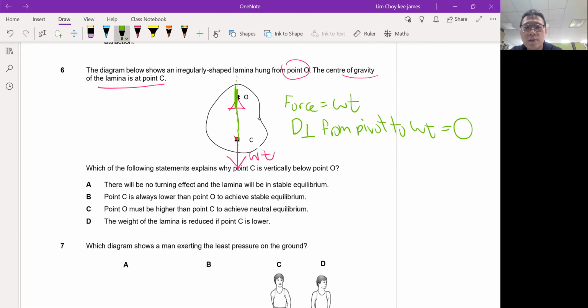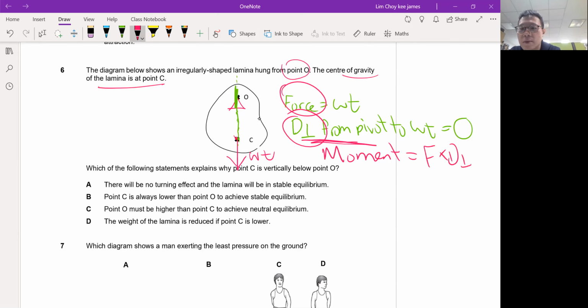Because of these two factors, especially the second one, the perpendicular distance is 0, you'll find that the moment, which is force times perpendicular distance, is 0. That's why this is called no turning effect, and that's why it will be stable equilibrium.